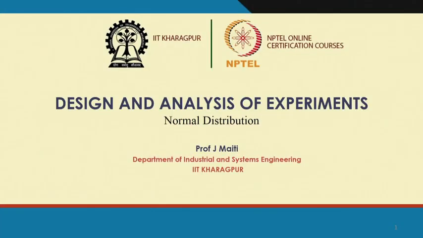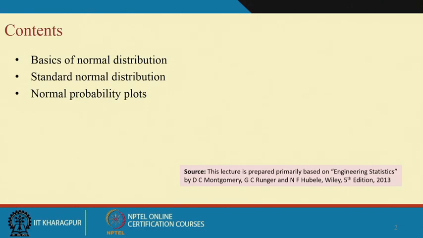So, for around half an hour today, we will discuss in detail what the normal distribution is and how to use the normal distribution from the statistical table point of view, and given a data set, how do we know that the data will follow a normal distribution with some plots.